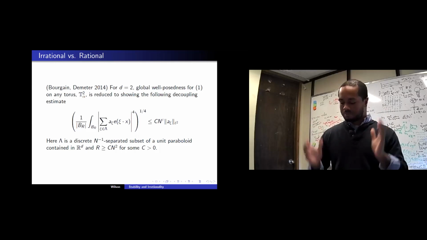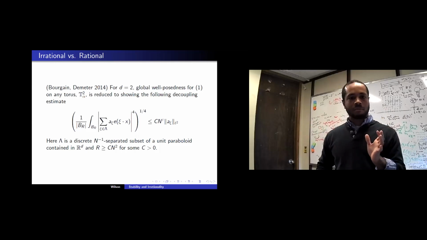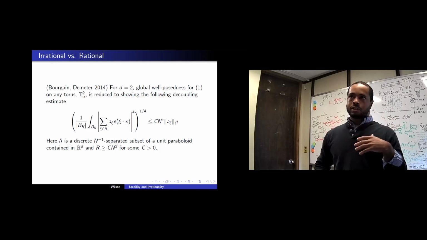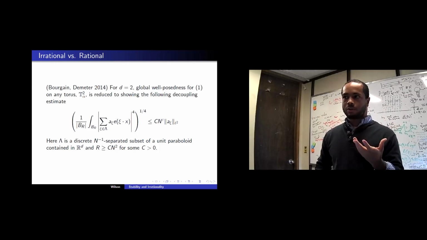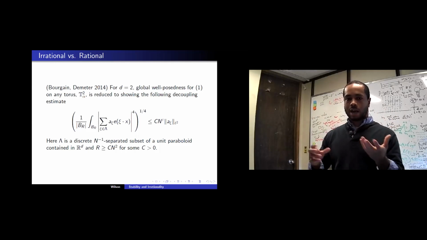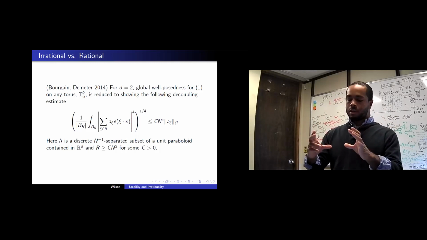Okay, so it's weird, but one could ask, is there something more interesting happening when you rescale your physical space, so that you have a box or a torus, let's say, that has an irrational aspect ratio?